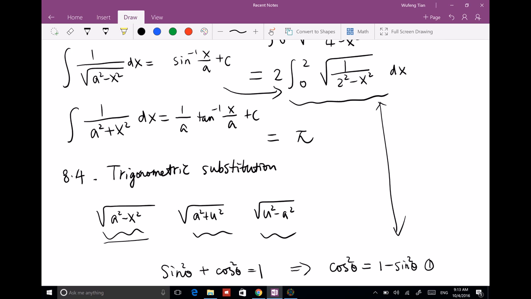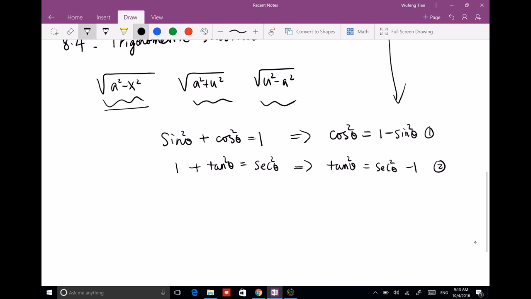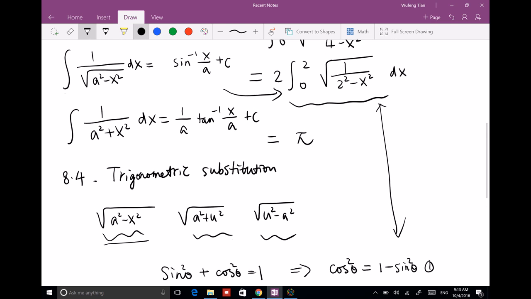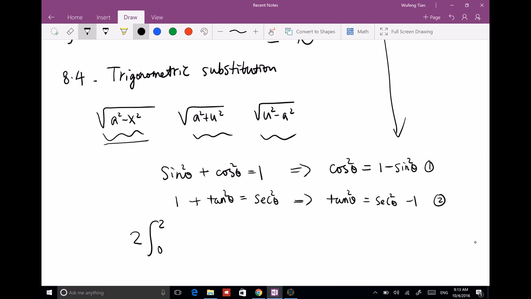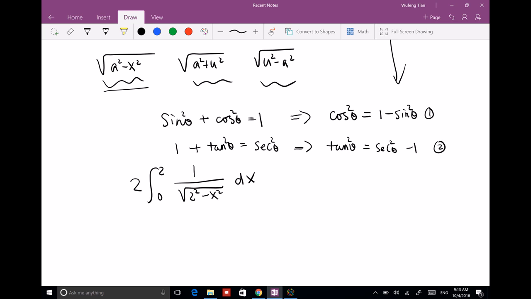Okay, so let's finish this example with the trigonometry substitution. We have the integral from 0 to 2 of 1 over the square root of 2 squared minus x squared dx. Let's do trigonometry substitution.